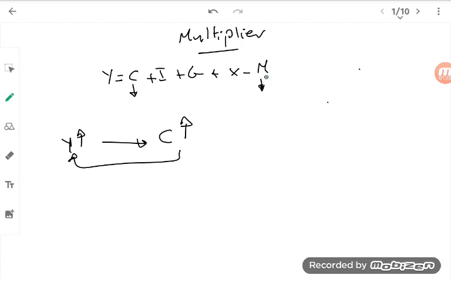And the same with respect to M. As income increases, M is going to increase, but M has a negative sign, which means that this will affect Y negatively.